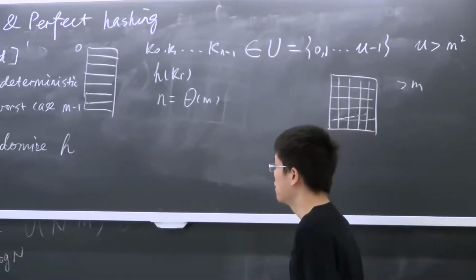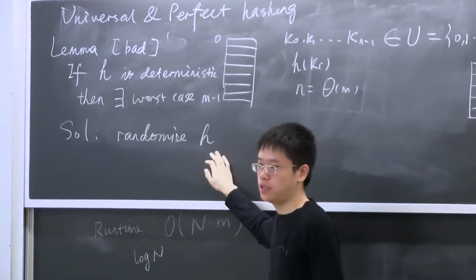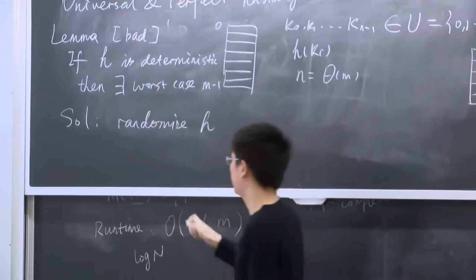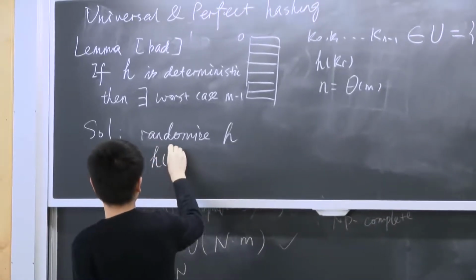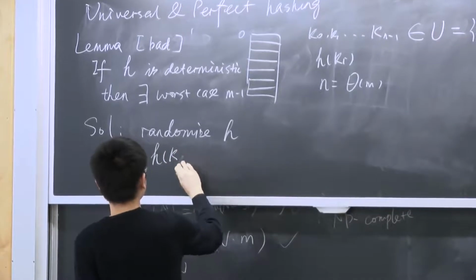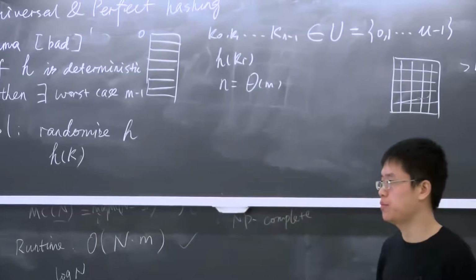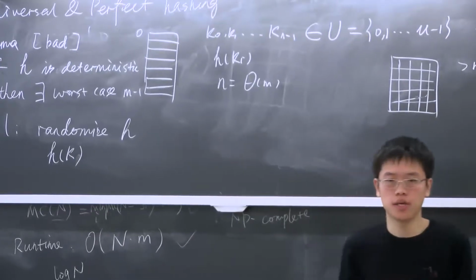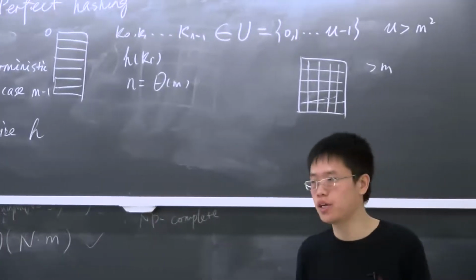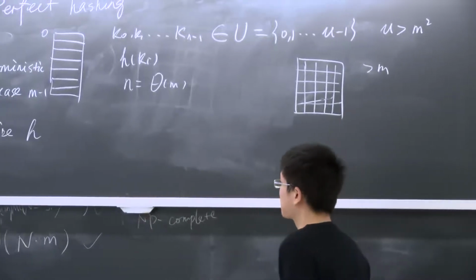However, I can't really randomize h. If h takes some key, if my hash function maps a key into a certain bin, well, the next time I call this hash function, it better give the same bin. Otherwise, I cannot find that item.